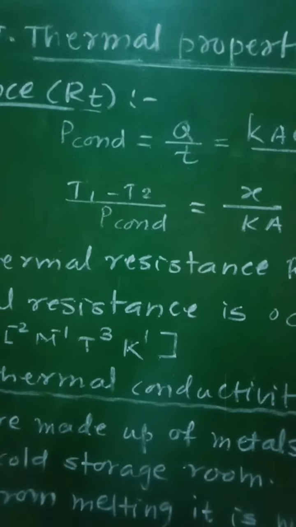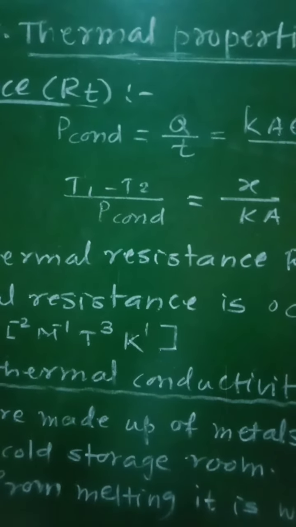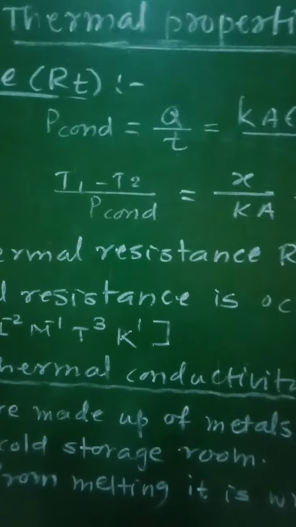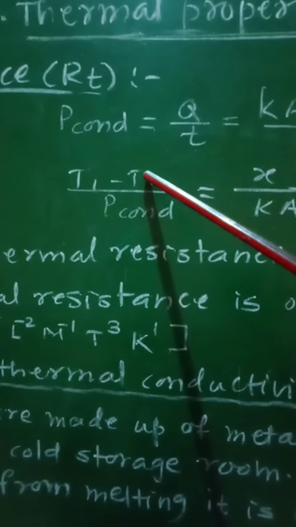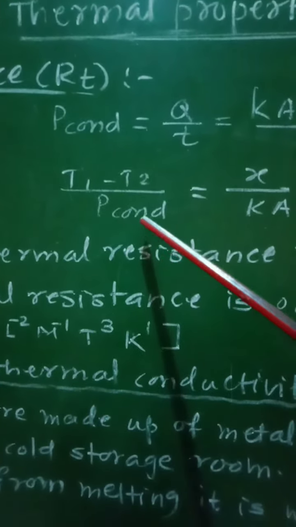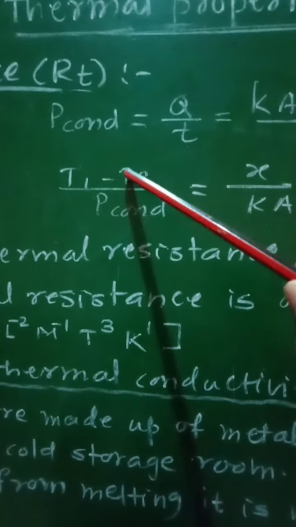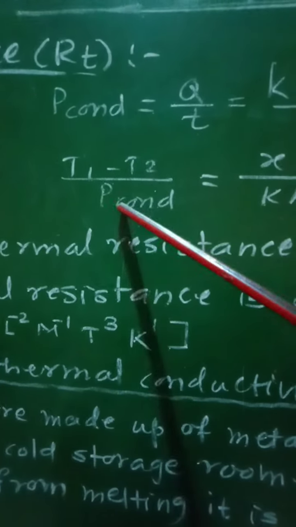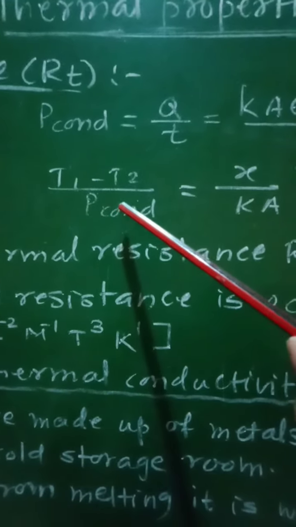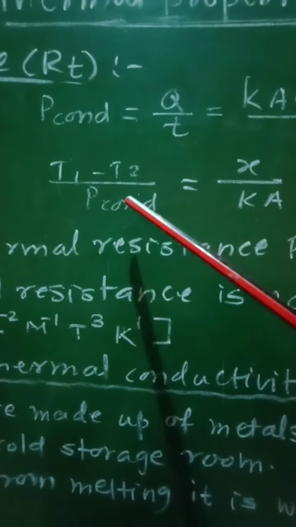It is analogous with the electrical resistance R equal to V by I. In this case, T1 minus T2 is analogous with V, the potential difference, and P conduction is analogous with the current I, so this side is similar to V upon I, and in electricity we know that V by I is the electrical resistance.